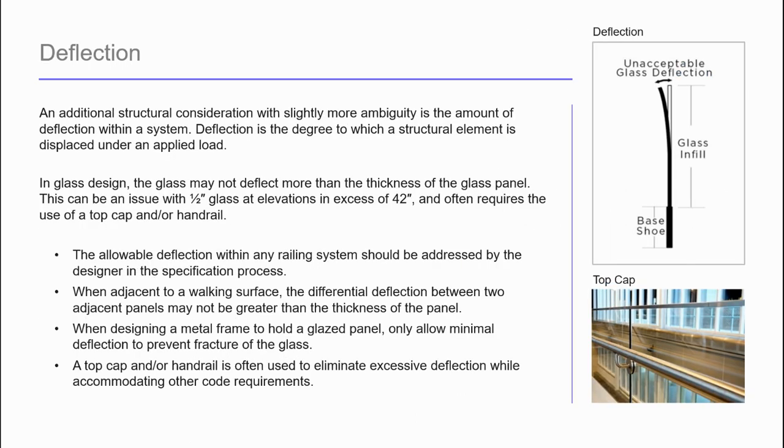Next topic is really about how safe a railing feels. In engineering, we typically refer to these sorts of issues as serviceability issues. Deflection describes how much a railing is displaced or moved under load. This is generally the shape that railing takes under load applied laterally at the top. The reason we mention this as being ambiguous is because the International Building Code does not specify a railing deflection limitation, except for the differential deflection between two pieces of glass specifically.